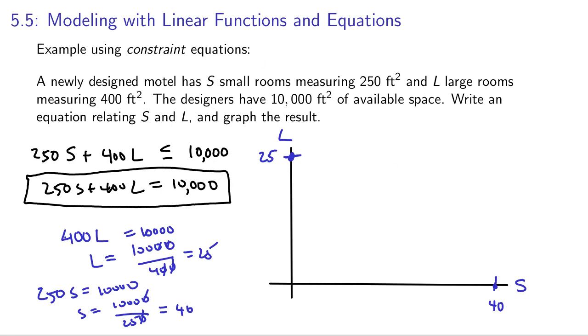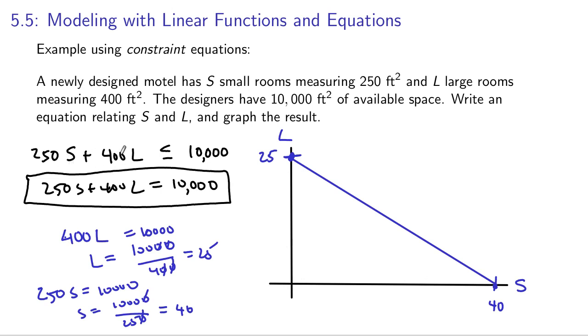Now we can just use a ruler to draw our line connecting these points, and we have a graph. Now what's interesting is the area under this graph can represent all the possible valid configurations for our motel.